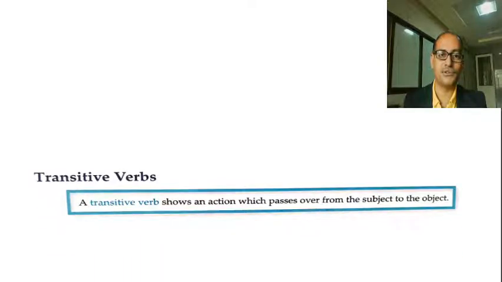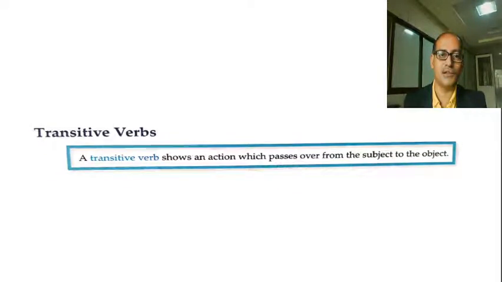Dear students, see what transitive verbs are. A transitive verb shows an action which passes over from subject to object. Transitive verb is a verb which passes an action from subject to object. For example, she has broken the suitcase.